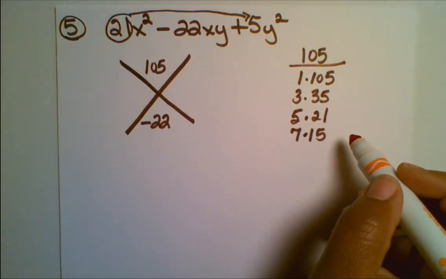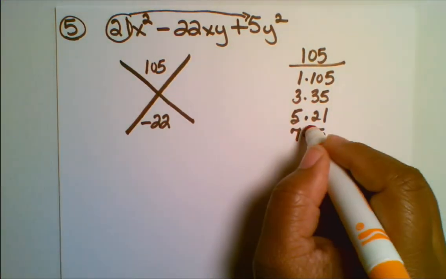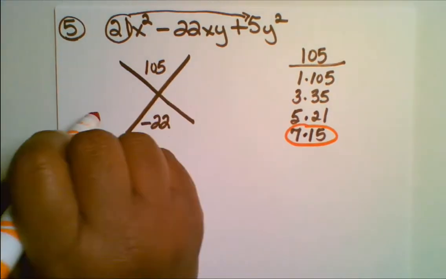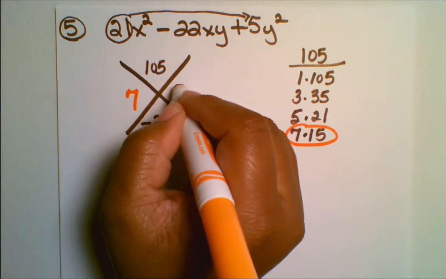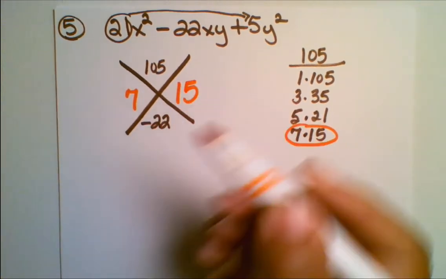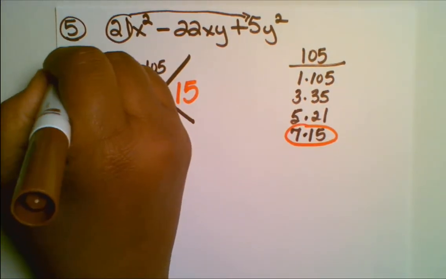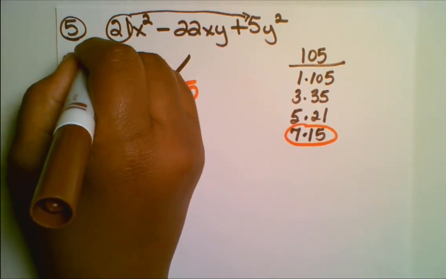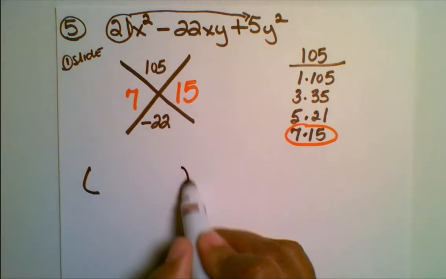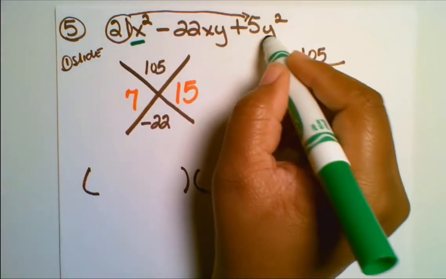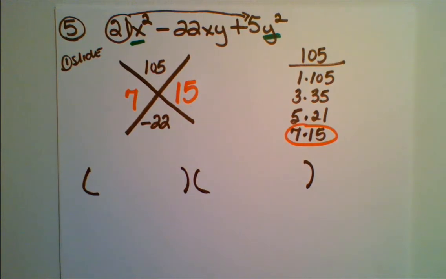Okay, so it will be 7 and 15. Okay, so we slide, that's number 1. Set up your template. Look at your variables and where they're placed.